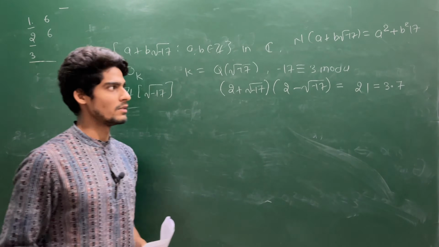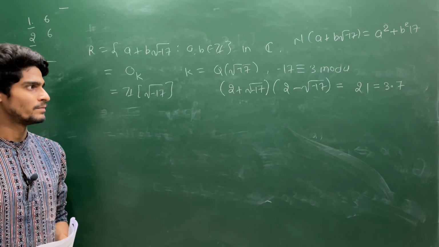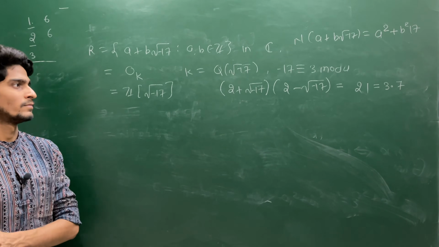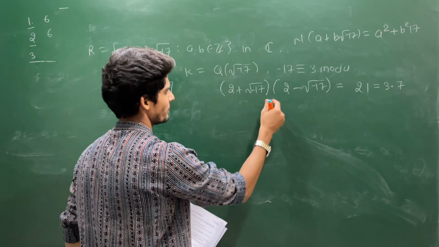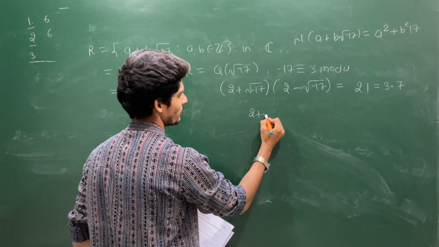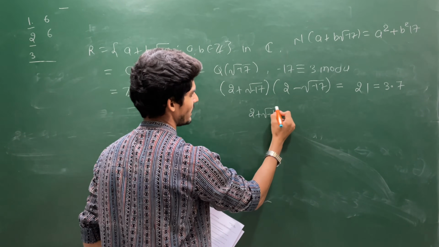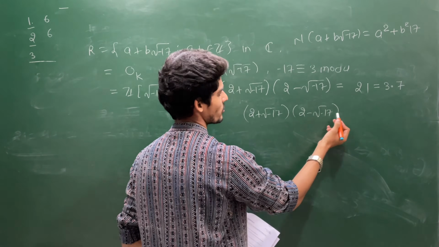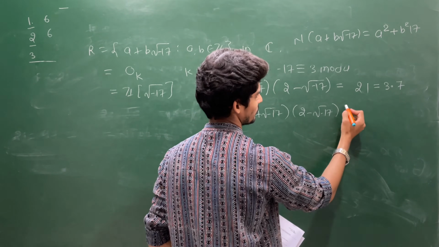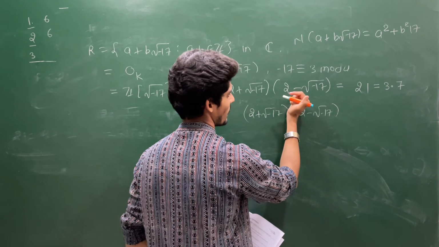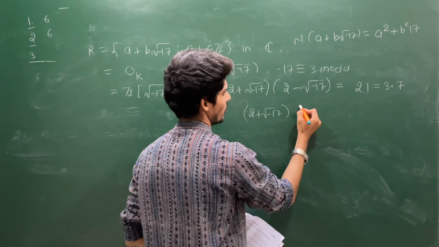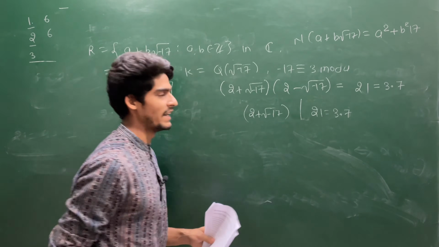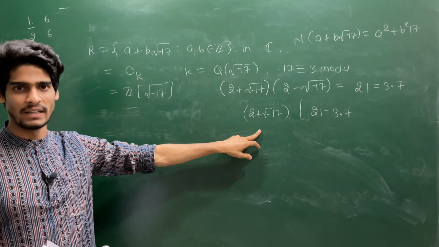You can write this in this format: 2 plus square root of minus 17 and 2 minus square root of minus 17, or you can say this divides 21, which is 3 into 7, because you know the definition of divide.